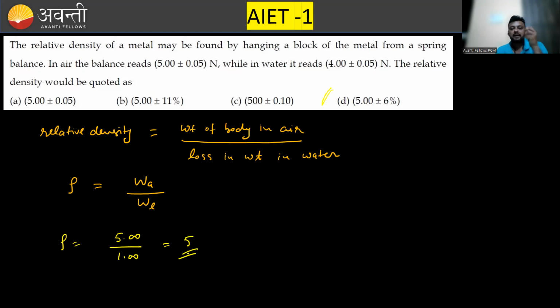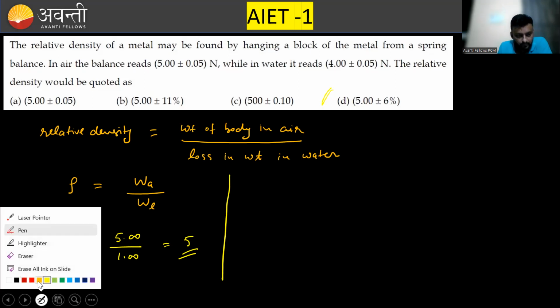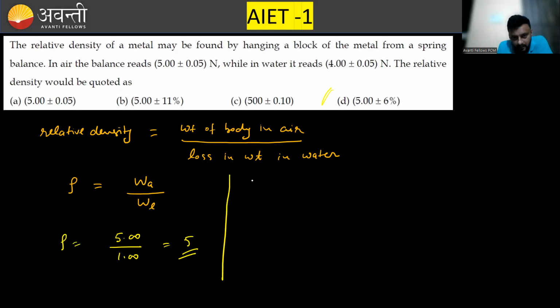Now we need to calculate the error in it. So for error, you can write delta rho by rho is equal to delta of weight in air divided by weight in air plus delta weight loss divided by weight loss. You can put the values.